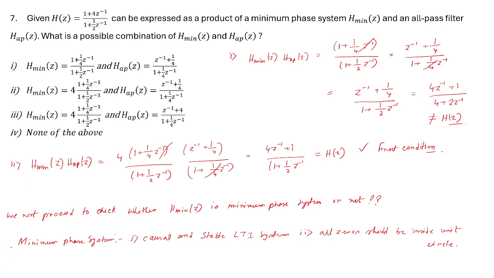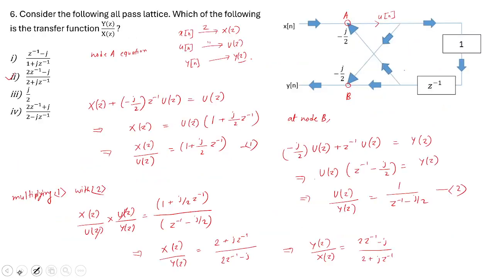H min of z in consideration has this form: 4 times (1 plus 1 over 4 z inverse) over (1 plus half z inverse).